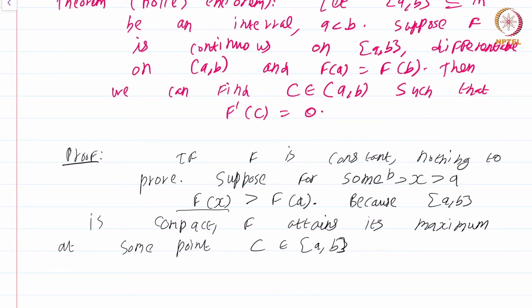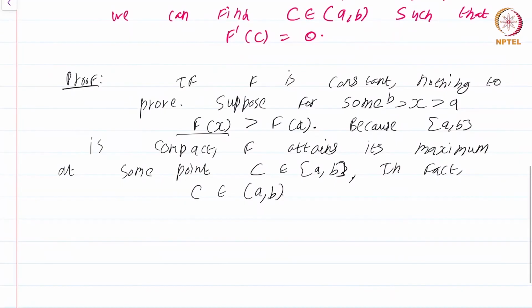So in fact c must belong to the open interval (a, b). Here I'm using the fact that continuous functions on compact sets attain their maxima and minima. I'm just going to use the maximum. Then f prime of c is 0 by the previous lemma.